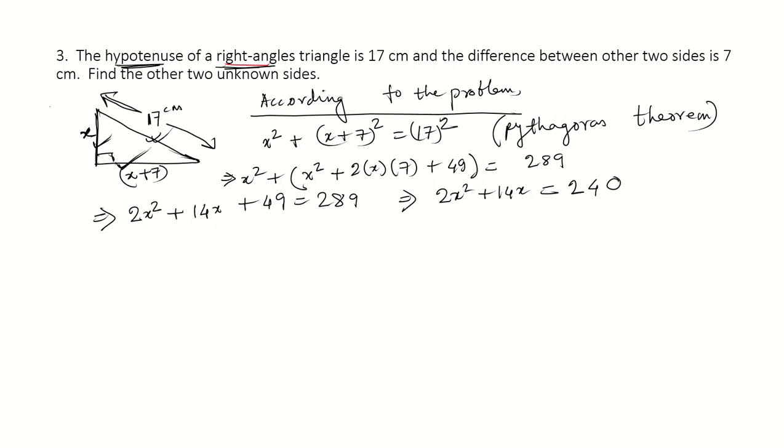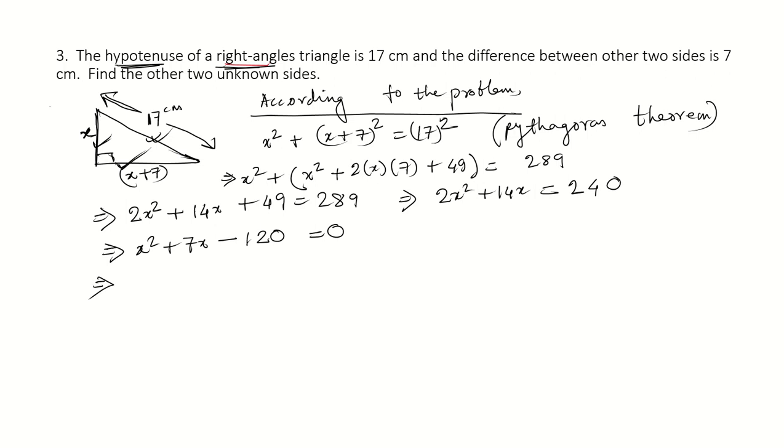Okay, now we divide both sides by 2: x squared plus 7x, and we also bring that constant term to the left side of the equation, minus 120 equals 0. Now what we can do is factorize this equation.